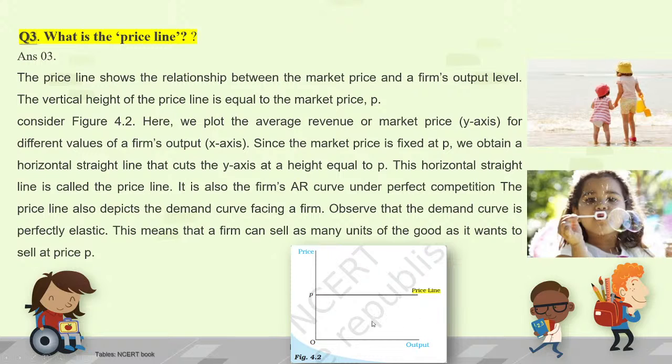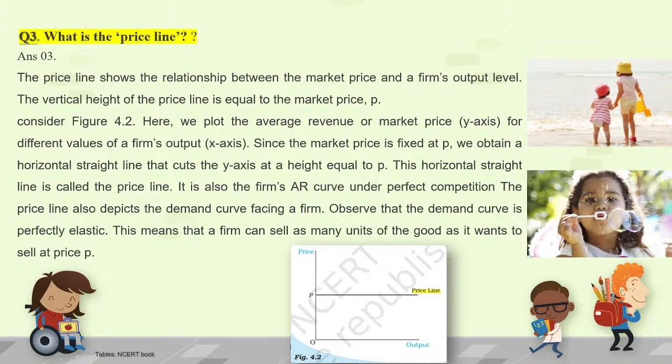So this is the price line here. It shows the relationship between the market price and the output level. Here this is the price line, or the AR curve, or the demand curve of the firm. It is perfectly elastic by nature because it is perfect competition and price is constant, as there is no monopoly where the price can vary according to the profit motive.